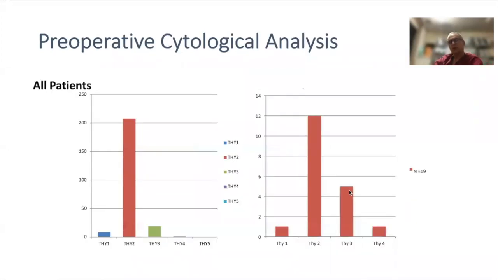What we found in my PhD is that in the pre-operative cytological analysis the majority were Thy2s, benign, but a number of them were indeterminate, and some were malignant. This is something we need to bear in mind, because sometimes there may be some discordance between the ultrasound findings and the cytology.